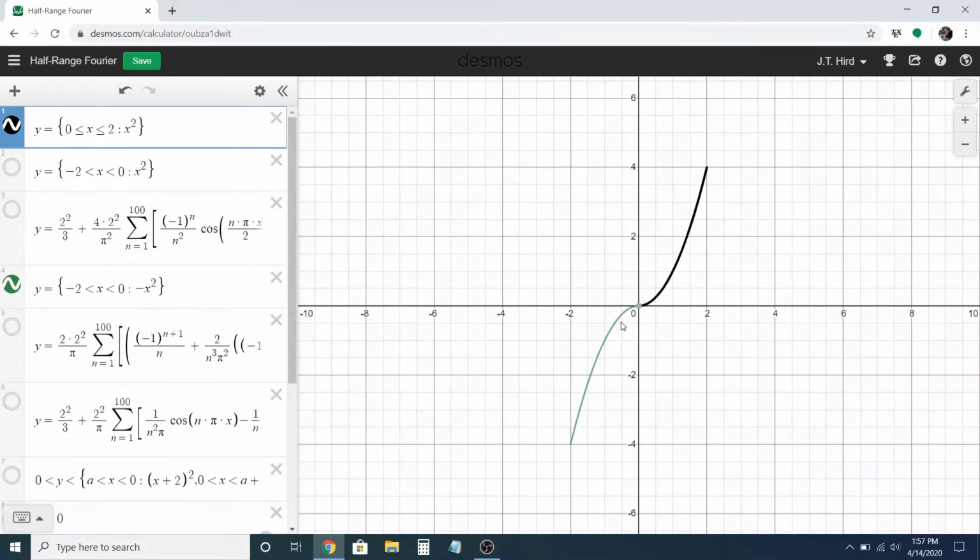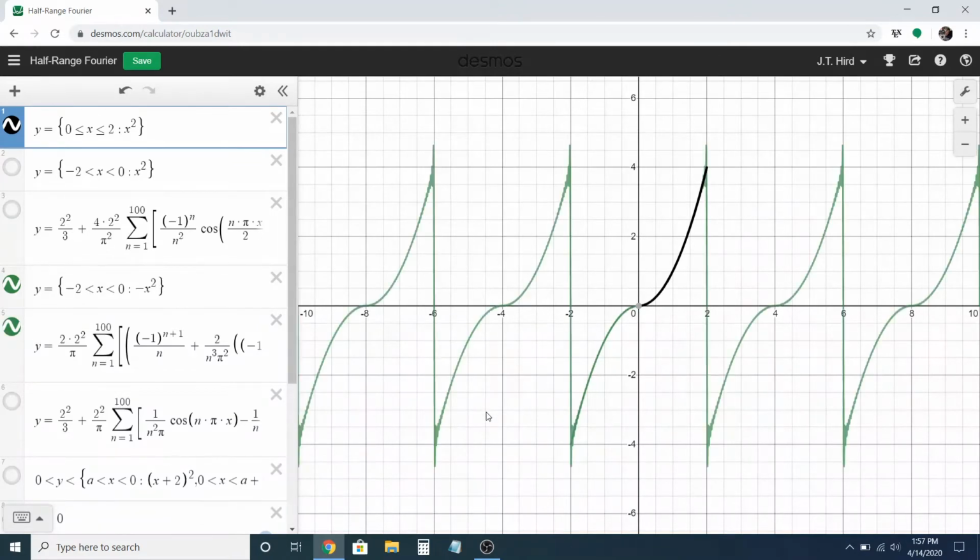It has 180-degree rotation symmetry around the origin. And so if I wanted to find a series for this, I would end up finding a sine series. It would be a periodic copy of this shape that I have drawn, so it would end up looking something like this. And these vertical lines are vertical asymptotes. Don't worry about those.